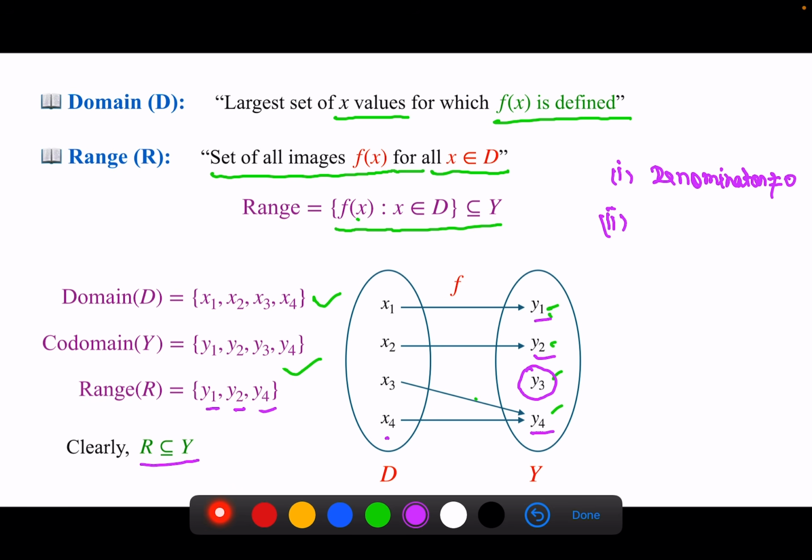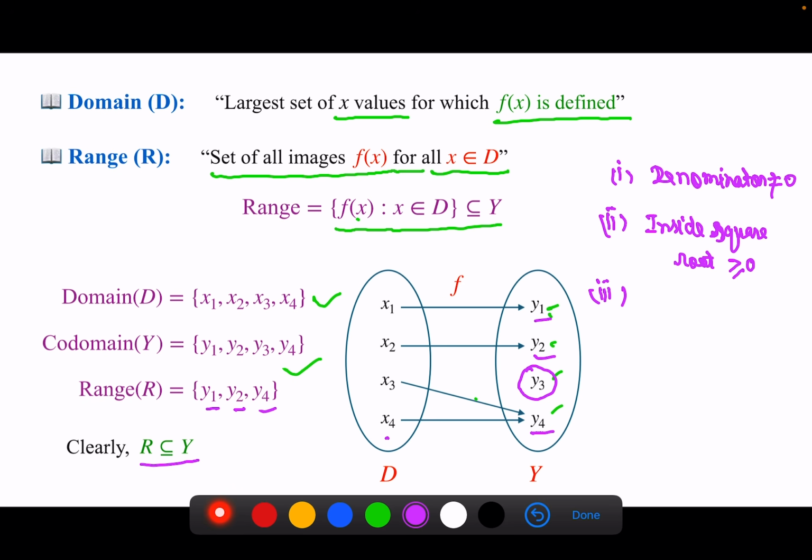For a square root function to be well defined, the expression inside the square root must be non-negative.